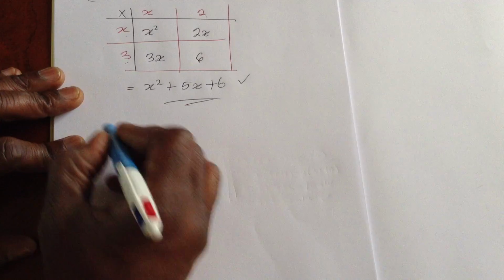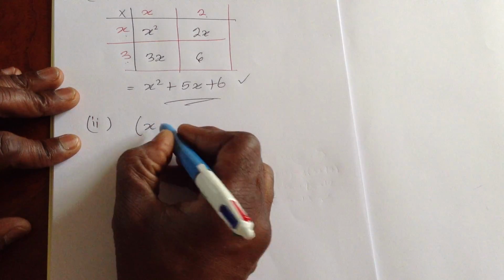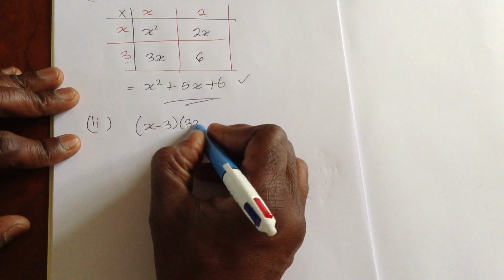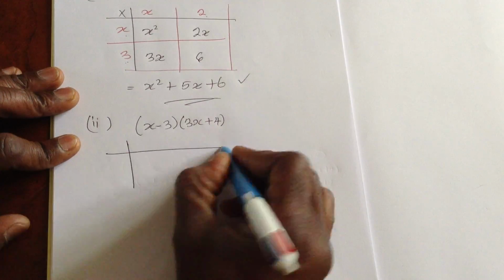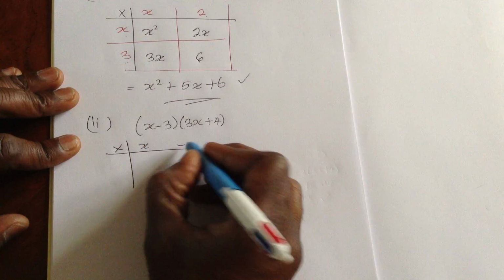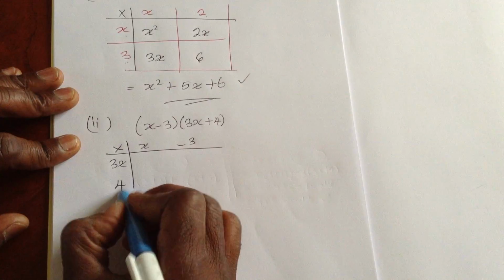Let's try it for the second example, which is x minus 3 into 3x add 4. We have our multiplication grid, with x and minus 3, and this time we have 3x and 4.